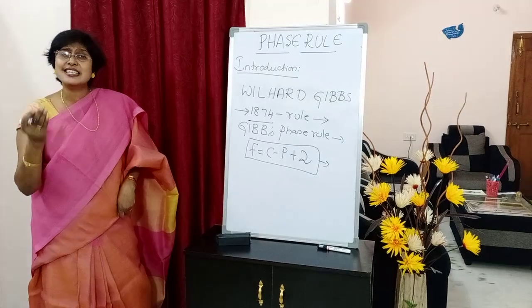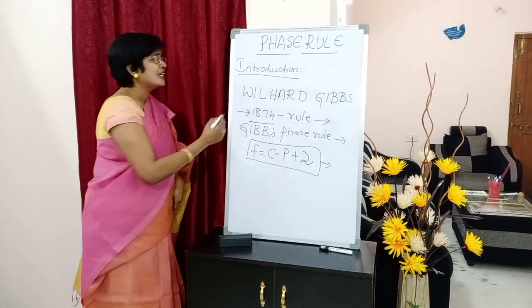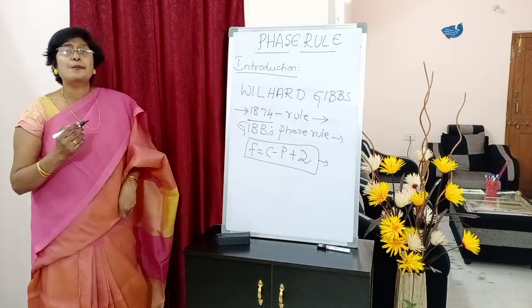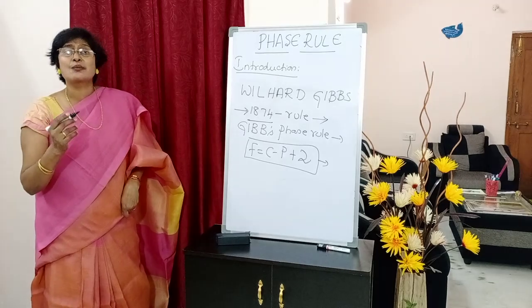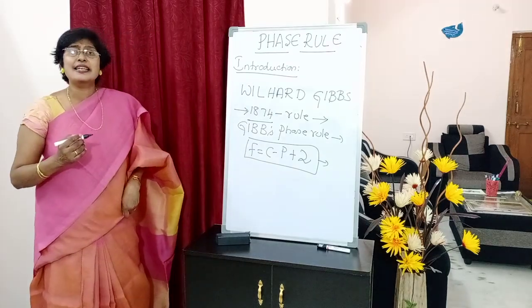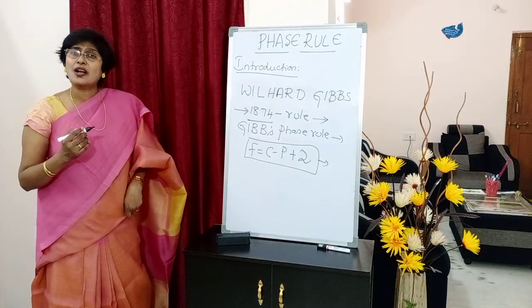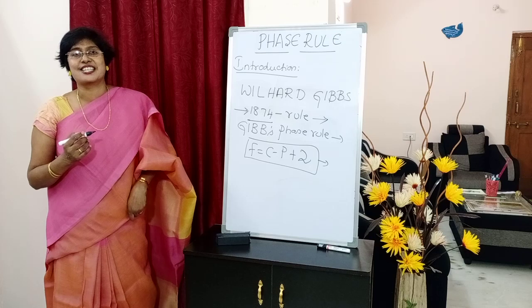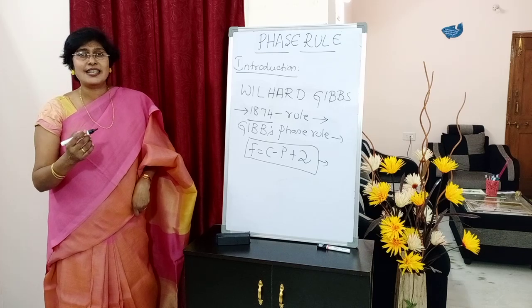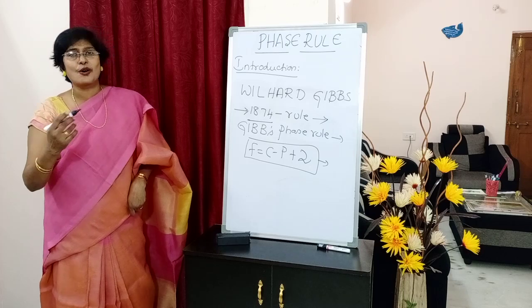In order to understand a heterogeneous system, a scientist by name Willard Gibbs proposed a rule which is given mathematically as F is equal to C minus P plus 2, which can be called the phase rule expression. Now, immediately we should know what F is, what C is, what P is.